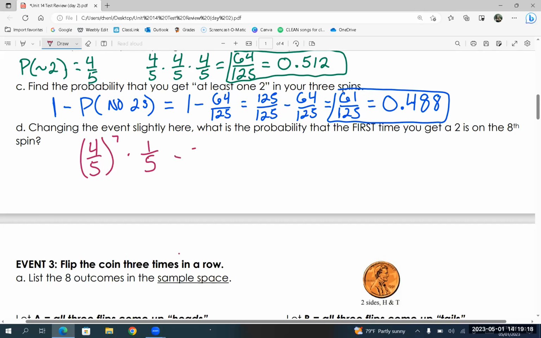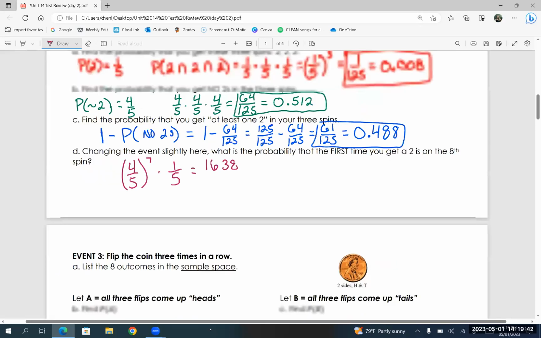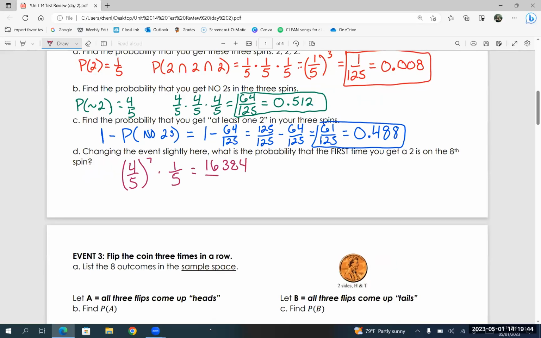So let's work this out mathematically. We figure out, it would really help if the eraser worked. 4 to the power of 7 would be 1,600, or sorry, 16,384. Makes sense.